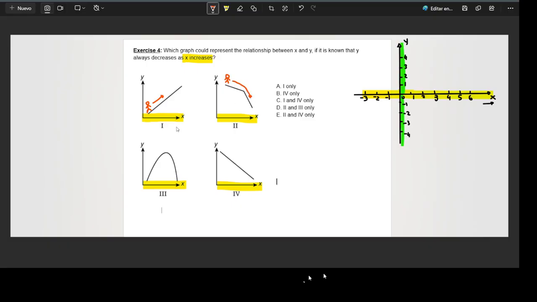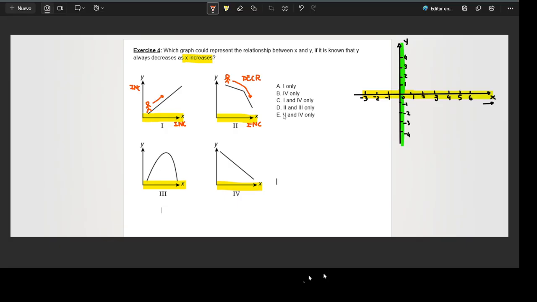So in this case, you are increasing here, but the increasing for the y-axis. So this is not going to be the answer because you are increasing for both. Here, you are increasing for the x-axis, but for the y-axis, you are getting down. That means you are decreasing.